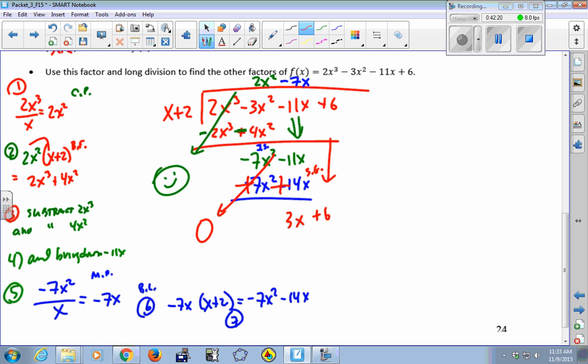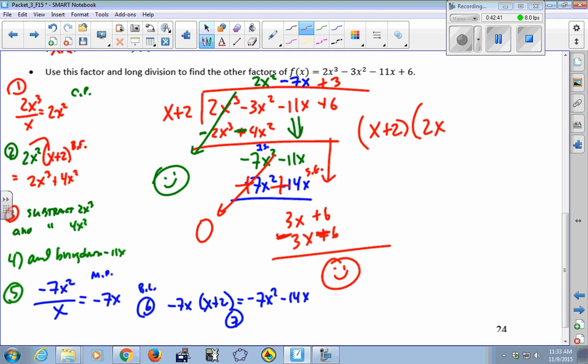X goes into 3x. Ta-da! How many times? 3. And when you multiply 3 times x plus 2, you get 3x plus 6, and you're a happy camper, because when you subtract 3x plus 6 from 3x plus 6, you get a big fat 0. So you have factored this, but not completely. You have found 2 of the factors, and now it's the step we went through in the preview exercises to finish it off. And there you go, it's done.